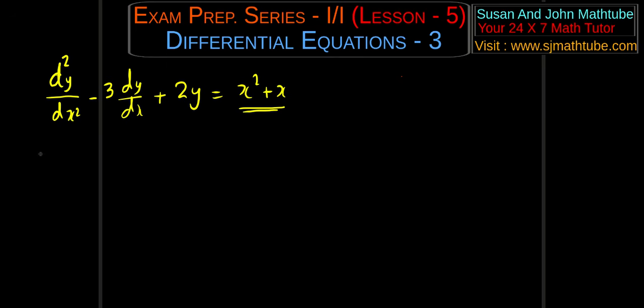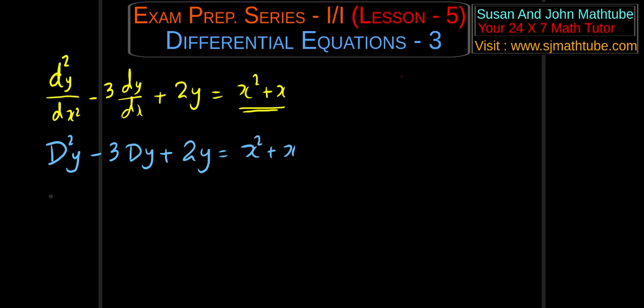So what do we do first? Yeah, convert it into capital D. So D square y minus 3 Dy plus 2y equal to x square plus x, and that is D square minus 3D plus 2 of y equal to x square plus x.